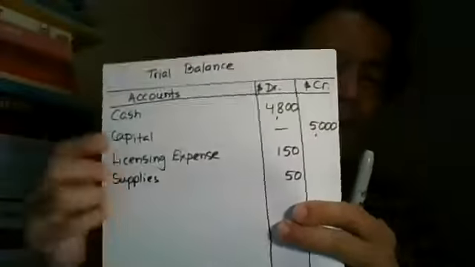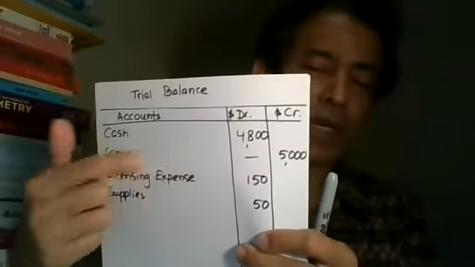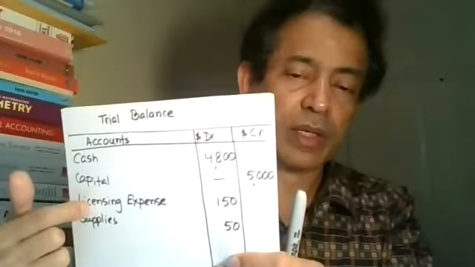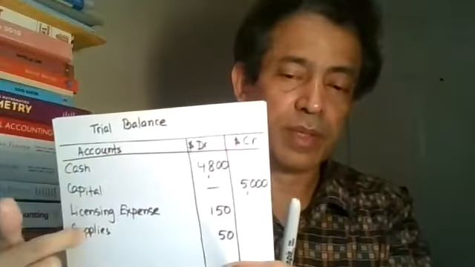So that's our trial balance. I've now entered all the accounts: cash on the debit side, capital on the credit side, owner's equity is credit, and then licensing expense is a debit, and this is an asset called supplies. So that's a brief introduction, although I couldn't keep it brief, to journal and ledger postings up to the trial balance.